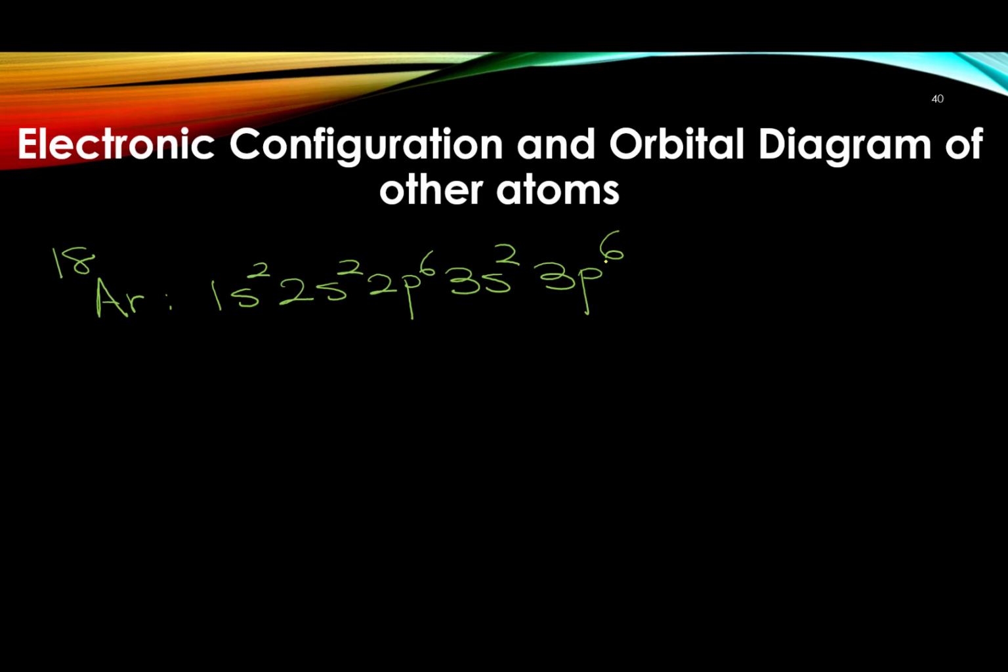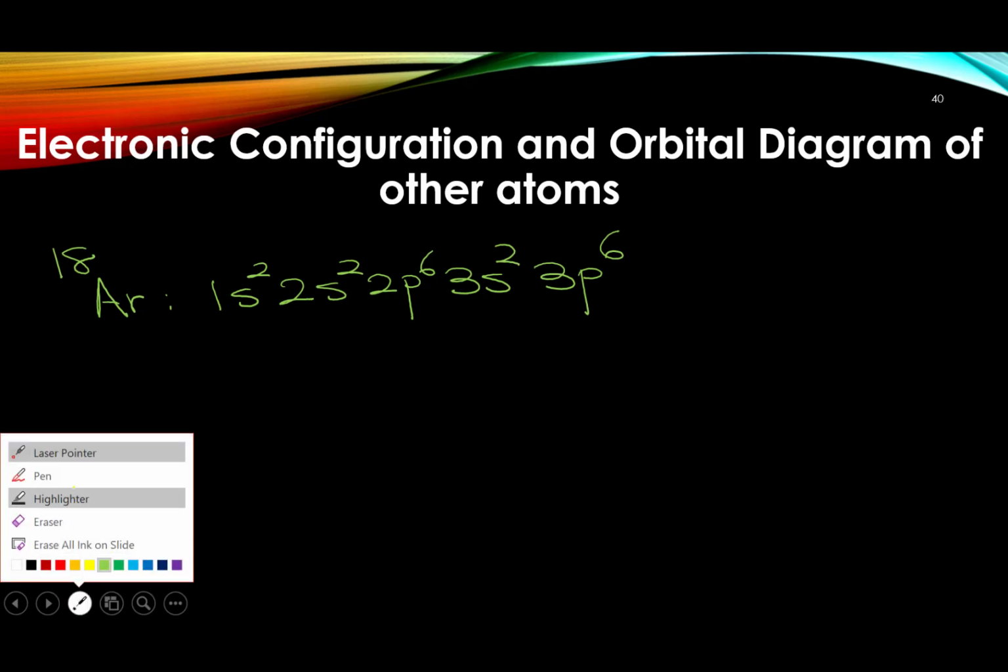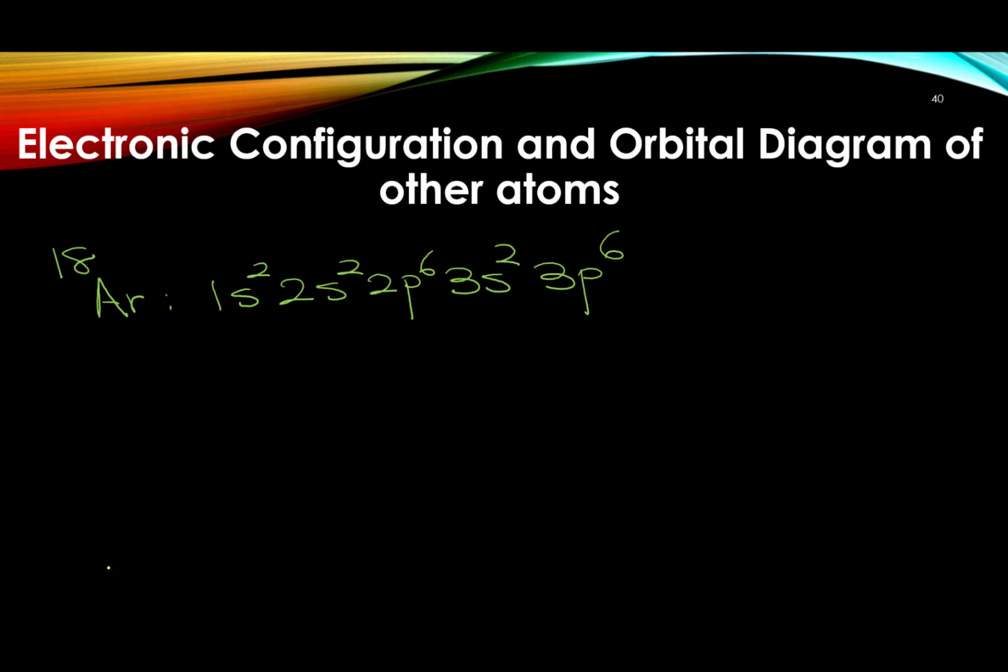Now if we count here, 2 plus 2 is 4. 4 plus 6 is 10. 10 plus 2 is 12. 12 plus 6 is 18. Okay, this will be the electronic configuration for argon.